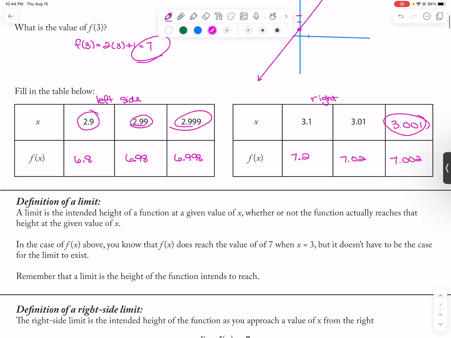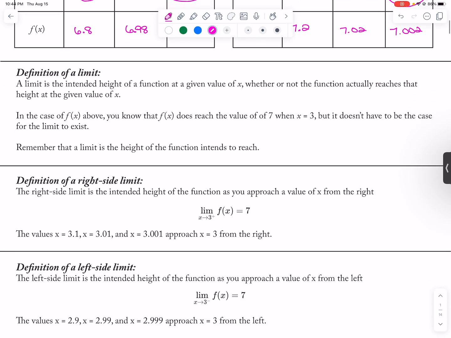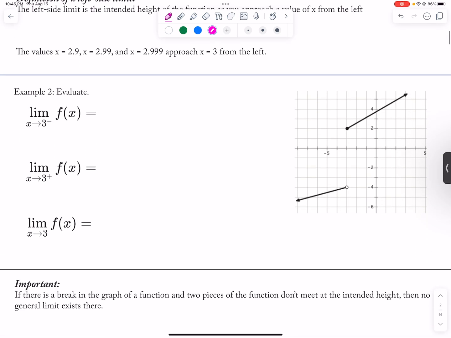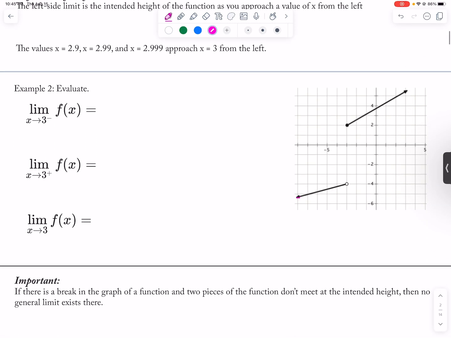Okay? So we then move along to looking at identifying limits. So if I'm going from the left side towards -3, and this should be -3, there's a typo there. From the left side, I'm looking at y is equal to -4.